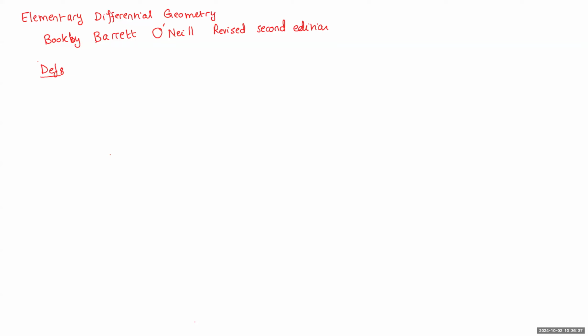What I see is hard in learning elementary differential geometry is the notation. They have a different notation from calculus, so let's try to fix that up. The first thing is we will have x, y, z.